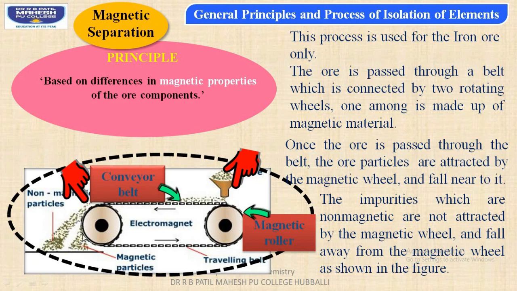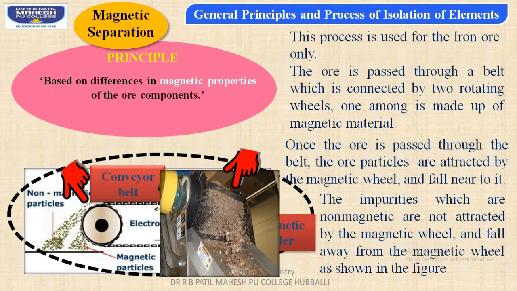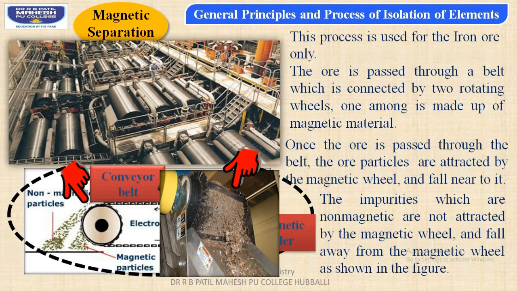So you have magnetic particles as a separate heap and non-magnetic particles, that is gangue particles, as a separate heap. And this diagram represents how the non-magnetic particles are easily getting separated. Whereas the next diagram, students, represents the commercial scale of the magnetic separation.